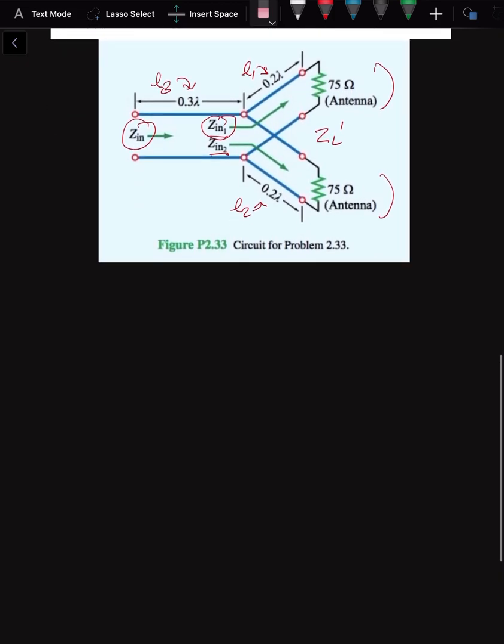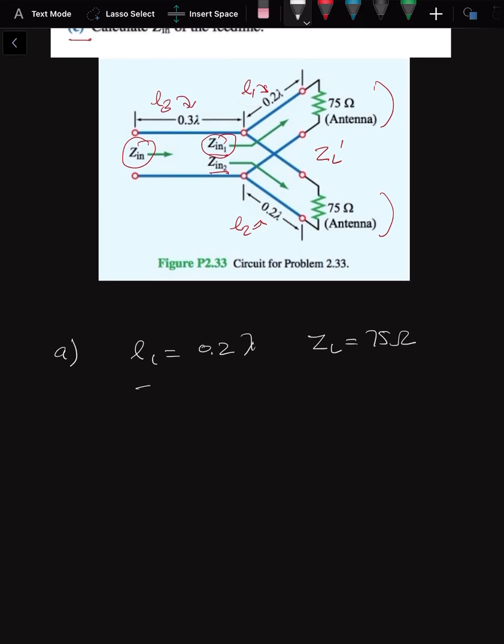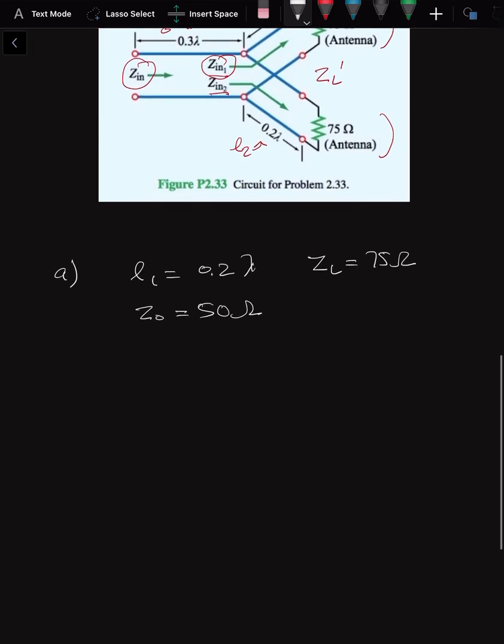In part A, L1 is given as 0.2 lambda, ZL is given as 75 ohms, and the characteristic impedance for the whole circuit is 50 ohms, since it's a lossless transmission line.